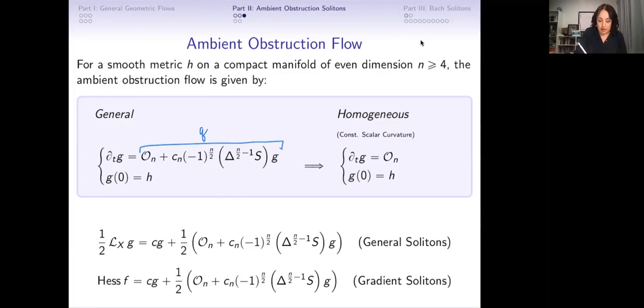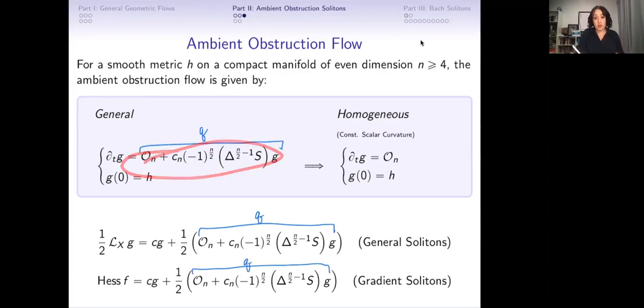Meaning that when I'm looking at solitons, my general solitons and consequently my gradient solitons look like this, where I've taken this combination of terms and plugged it in where Q was standing in part 1. The same exact definitions are true; I'm just considering this very complex Q. So in general, this is what a soliton would look like: a metric g that satisfies these equations.